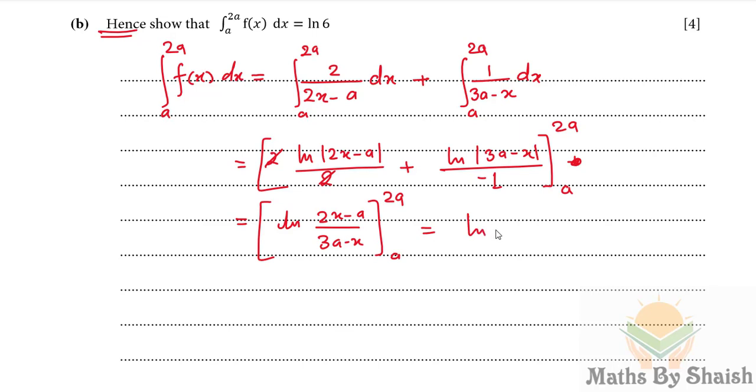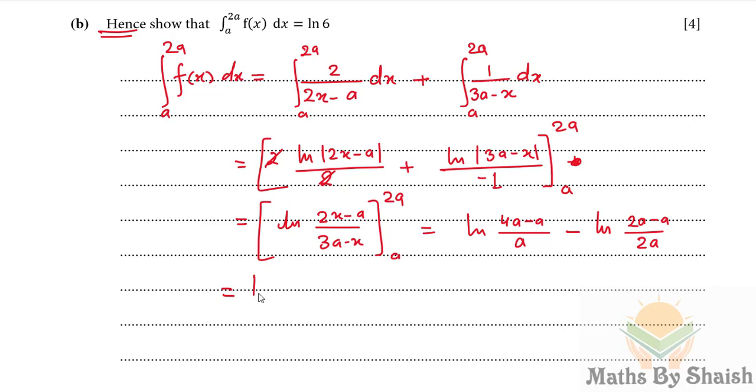So the upper limit is ln of (2 times 2a, that is 4a, minus a) over (3a minus 2a, that is a), minus the lower limit. For the lower limit, x is a, so 2 times a is 2a minus a over 2a minus a, and 3a minus a is 2a.